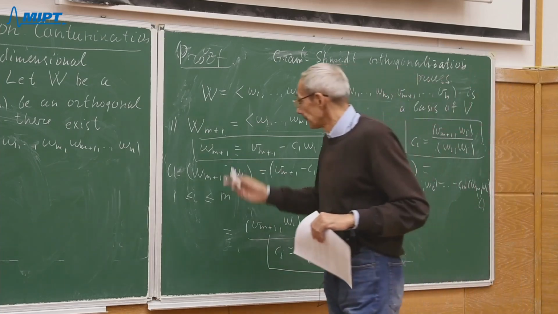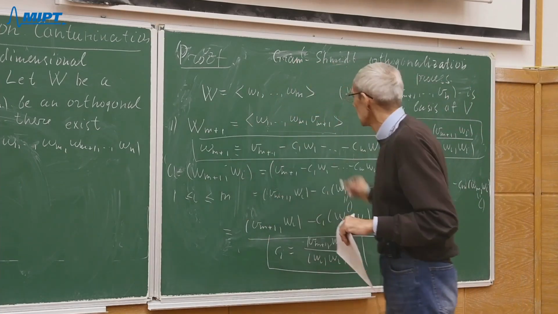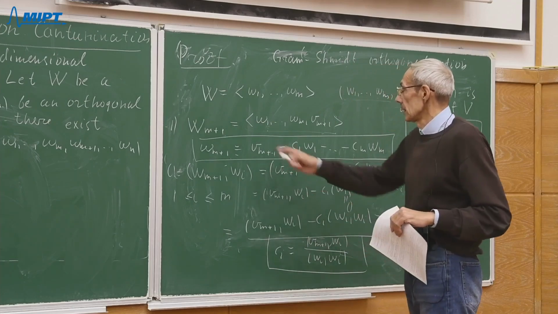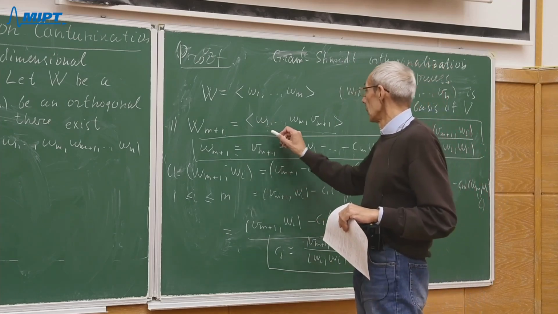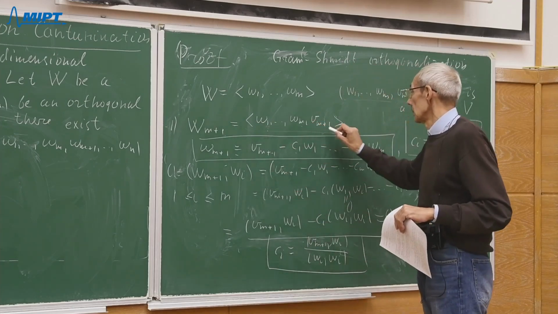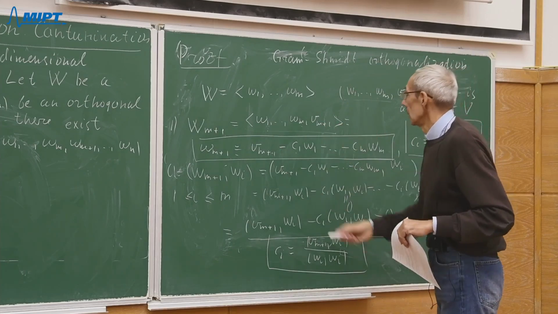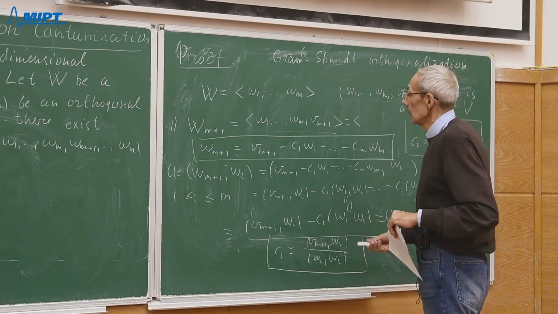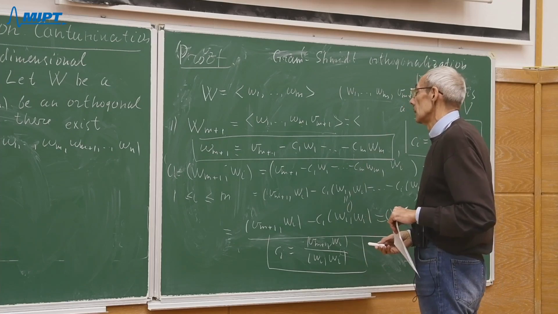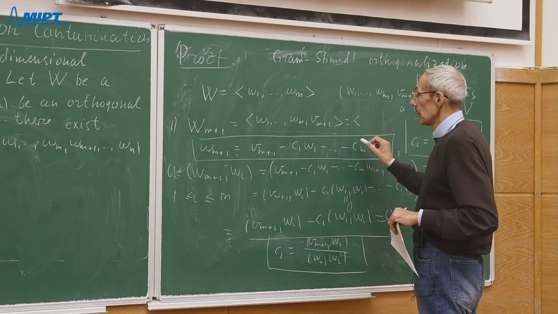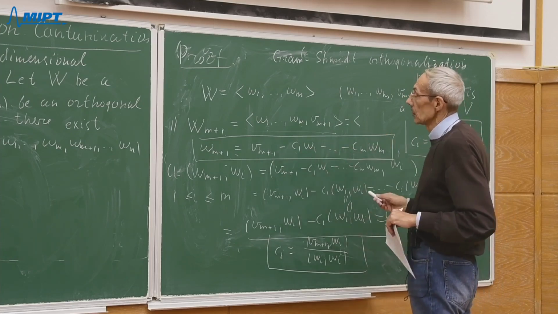And we obtain that the vectors W1, ..., Wm, Wm plus 1 form the orthogonal basis in the subspace Wm plus 1.